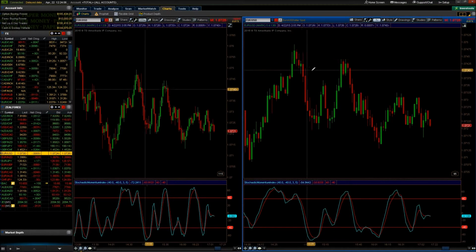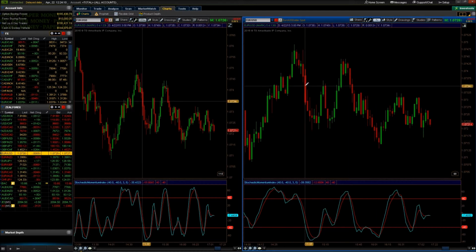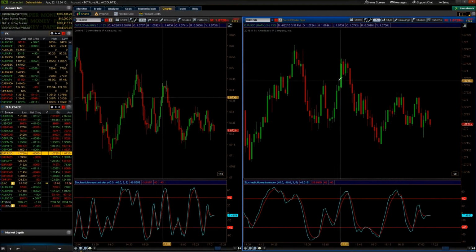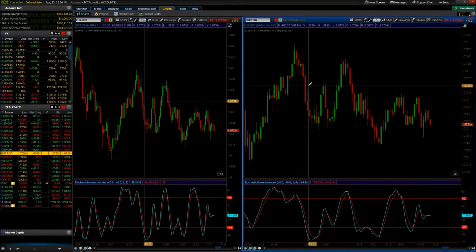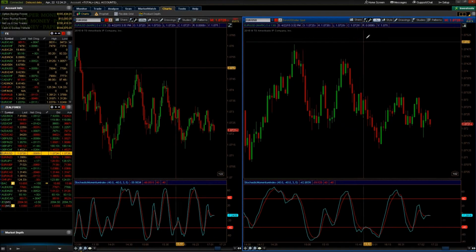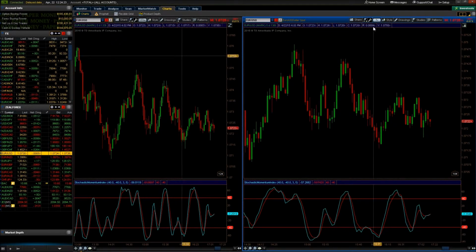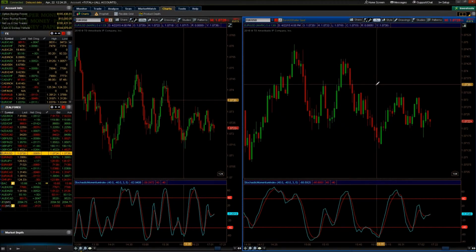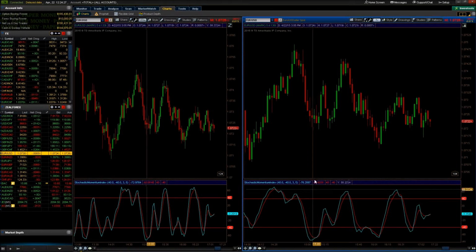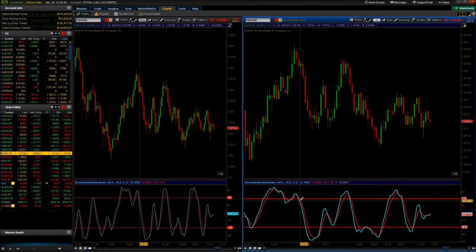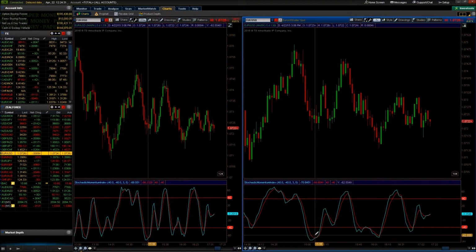So here I have two charts on the euro dollar. This would also apply if you're looking at 5 versus 15 to some regard. But they are off by a few ticks: this is a 133, this is a 136 on the right. Now say I was looking for something very simple, like drops in the stochastics, and after it drops in the stochastics, I want to look for weakness or strength.